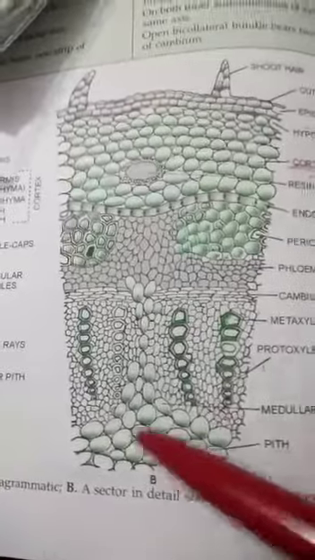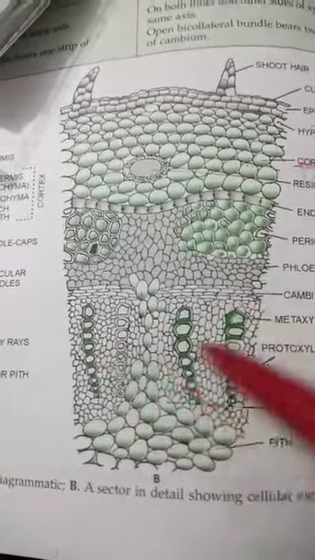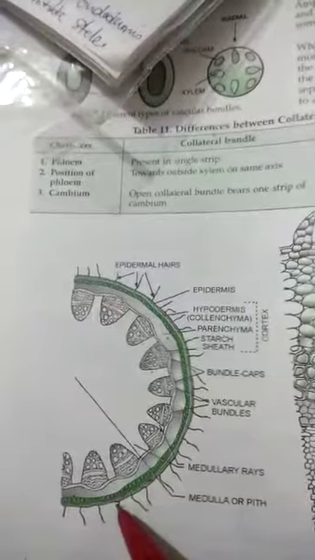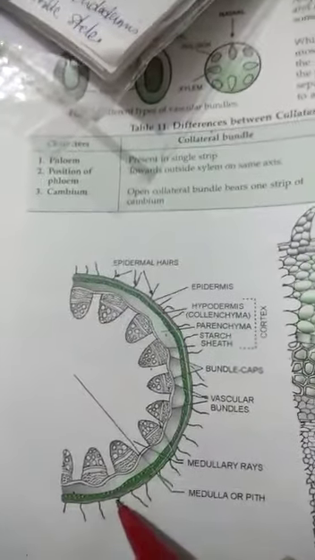Then this center portion is called what? Pith. The pith is parenchymatous, and these are the medullary rays present between the vascular bundles. Suppose this is the pith; a half circle has been drawn, but it is actually a complete circle as I have shown you in your book.